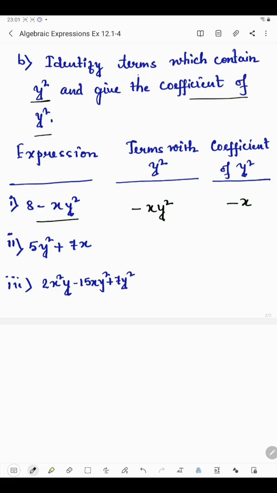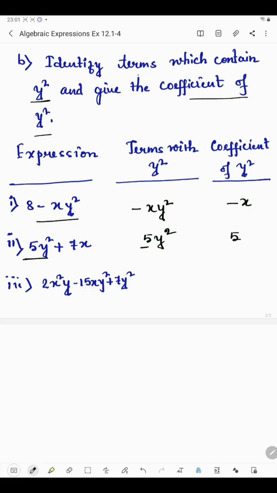Now in the second part we have 5y square plus 7x. So the term with y square is 5y square. The coefficient of y square will be 5, excluding y square, 5 is present. So the coefficient of y square in the term 5y square is 5.